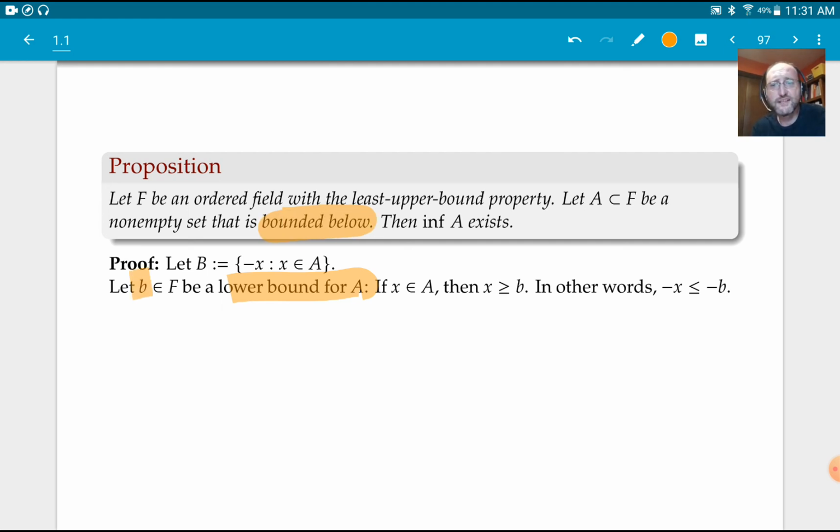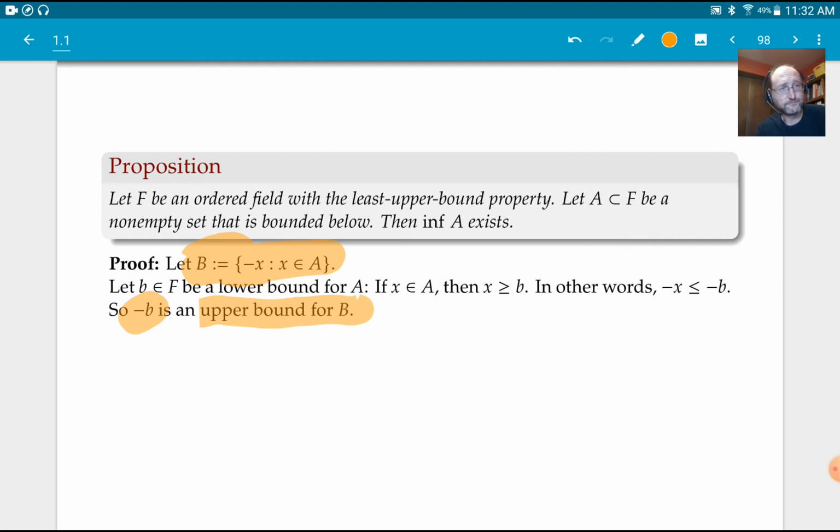Let B be a lower bound for A. Whenever x is in A, we get that x is bigger than or equal to B, or in other words, minus x is less than or equal to minus B. This is for all x in A. Well, that just defines the set B. So that means that minus B is an upper bound for B.